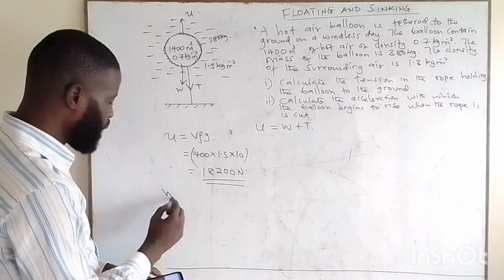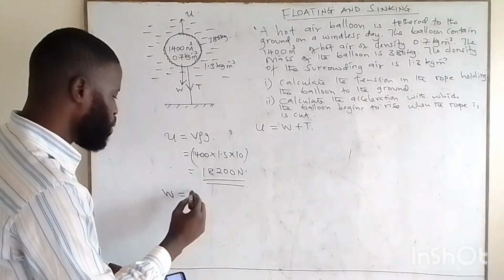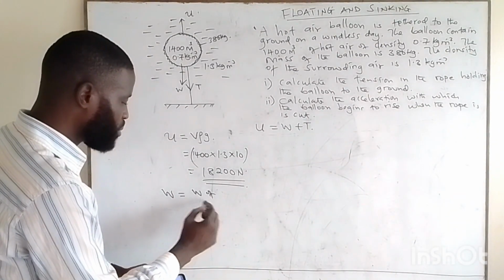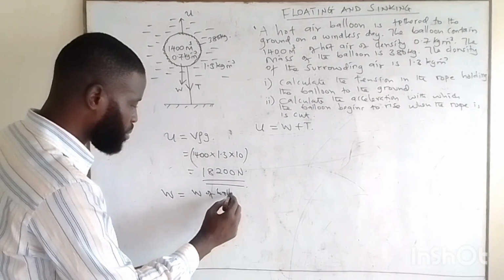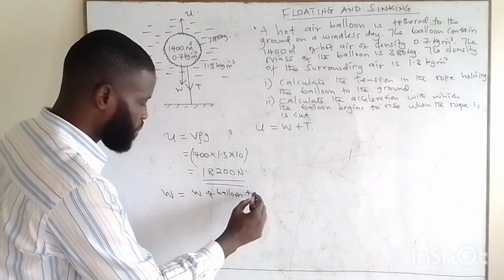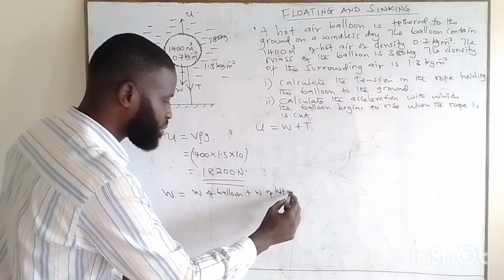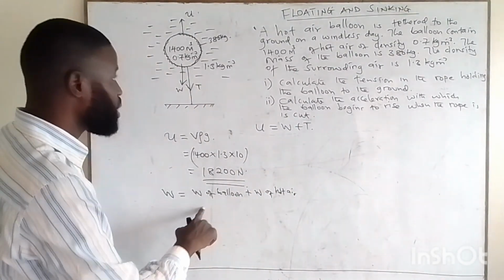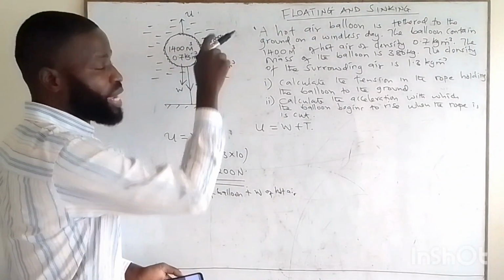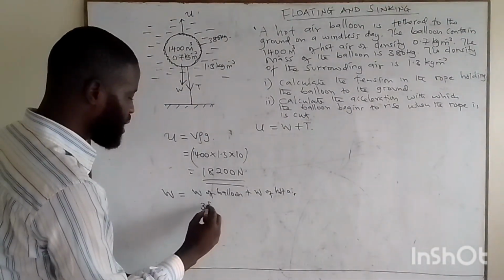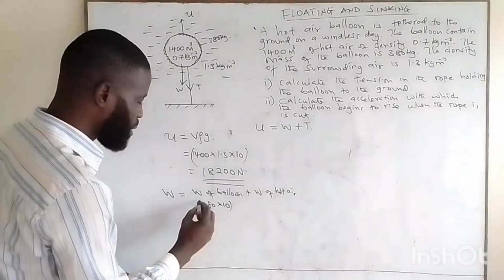So W here equals the weight of the balloon plus the weight of the hot air. So for the weight of the balloon, we have the mass of the balloon, and from there we can get the weight. It is 380 times 10.